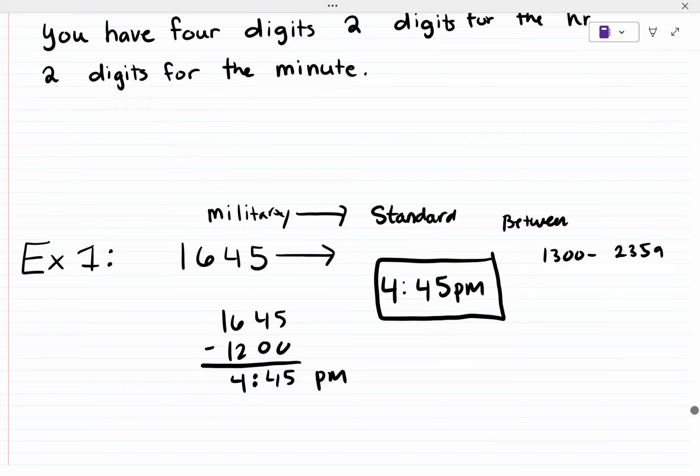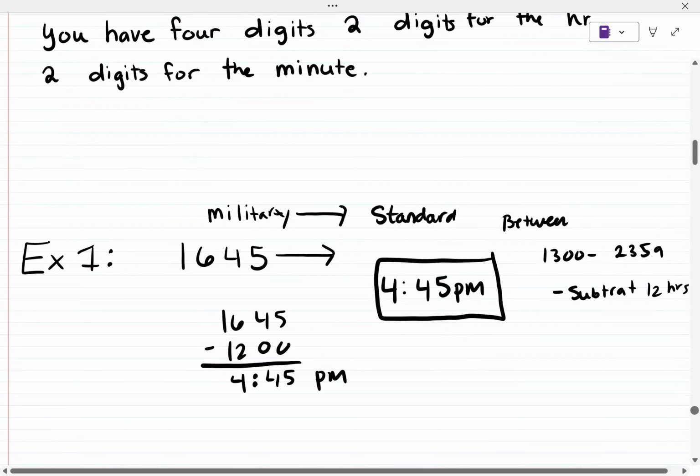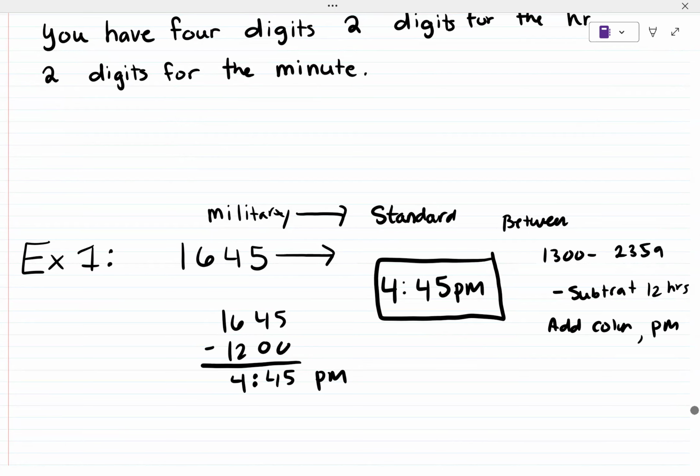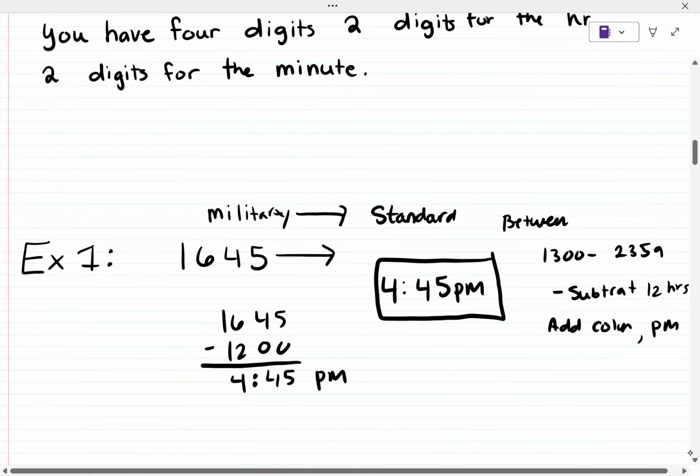So according to the rule, you must subtract 12 hours and add a colon and then a PM. Okay, so that's what I did: 1645, subtract 12 hours, I get 445, and add a colon and PM. Now, you don't add a leading zero, because we don't want it in military time, right? And that's it. So example one, 1645 is the same thing as 4:45 p.m.